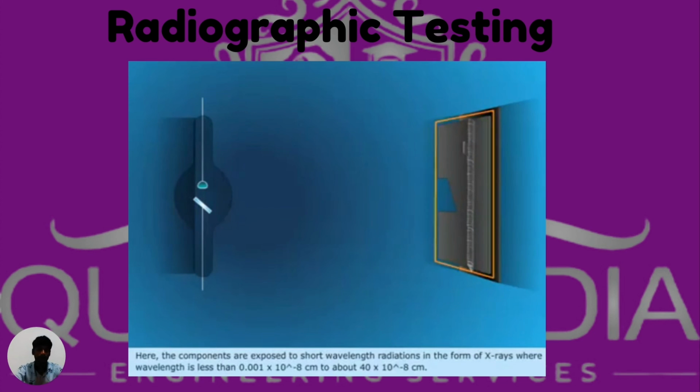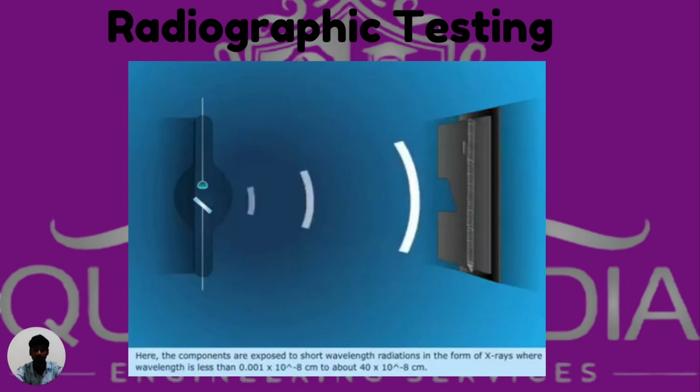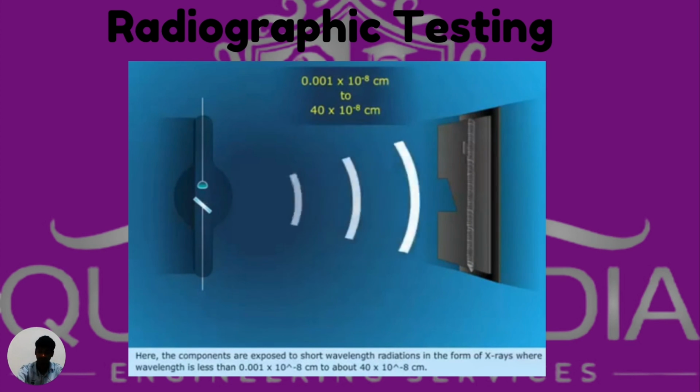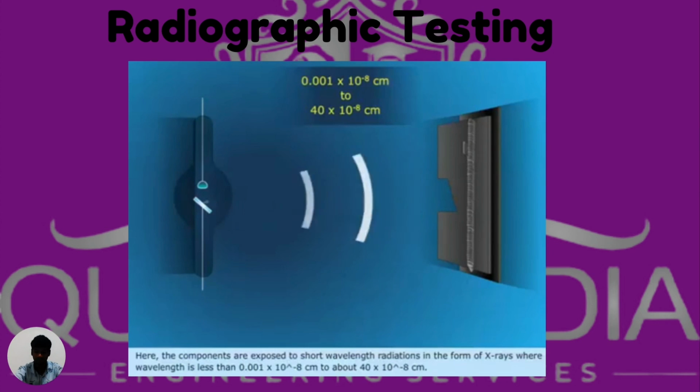Here, the components are exposed to short wavelength radiation in the form of X-rays, where the wavelength is about 0.001 into 10 to the power of -8 centimeters to about 40 into 10 to the power of -8 centimeters.